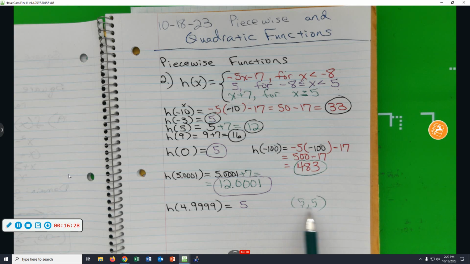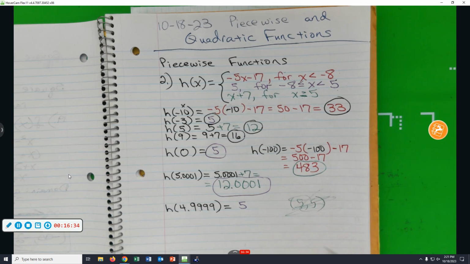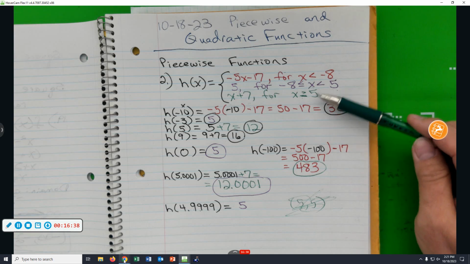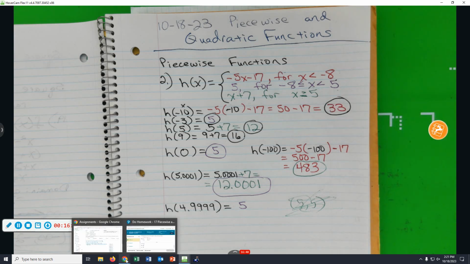And so you get that ordered pair 5, 5, and that's going to be significant for what we're about to do. Any questions over evaluating? You figure out which inequality is satisfied, that's the piece you use.